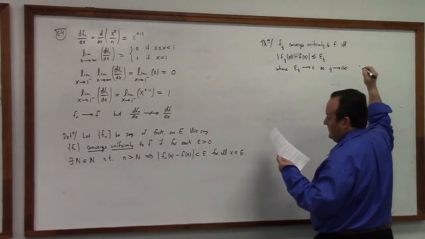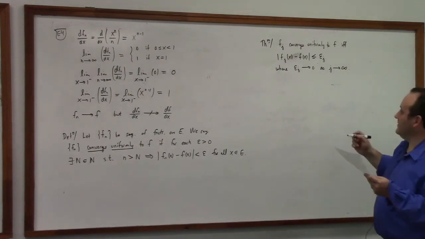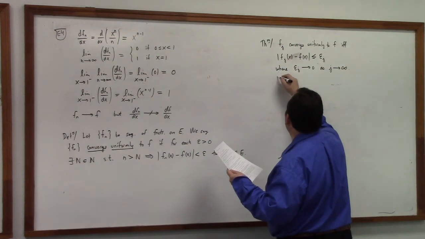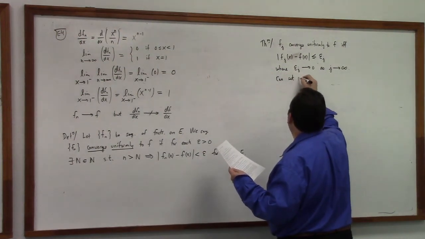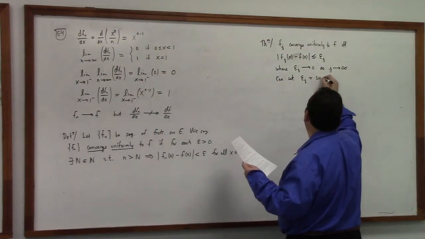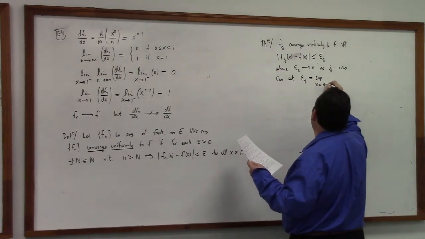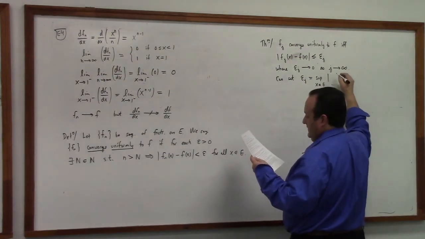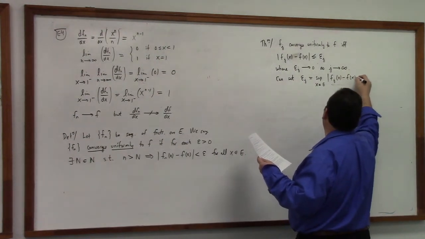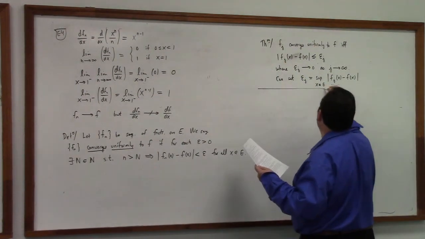Gamelin calls epsilon j the worst case estimator of the difference, right? And typically we can set epsilon j to be the supremum, the sup for x in E, of the absolute value of f_j of x minus f of x. Now, I say absolute value, but of course, when we put this into practice in complex analysis, that's going to be modulus, right?